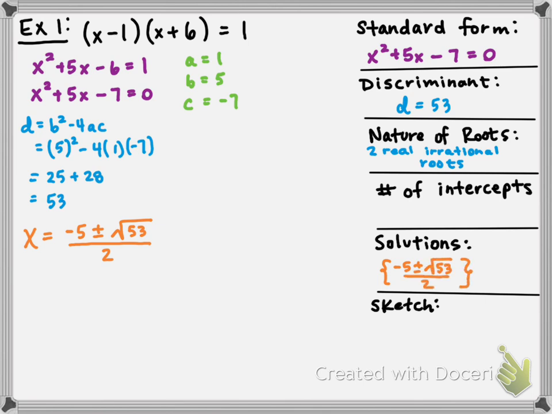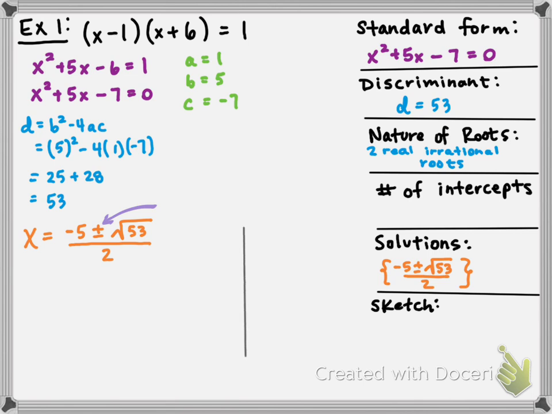Set notation, we're done. Now that means I have 2 solutions, 2 intercepts crossing the x-axis, because that plus or minus is giving me the key that there are 2 values there that will be different. So now on to the number of intercepts.